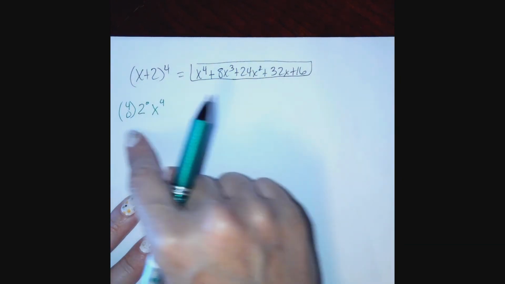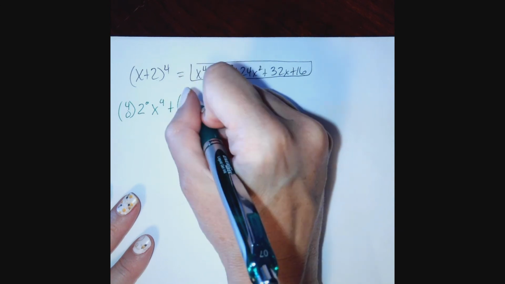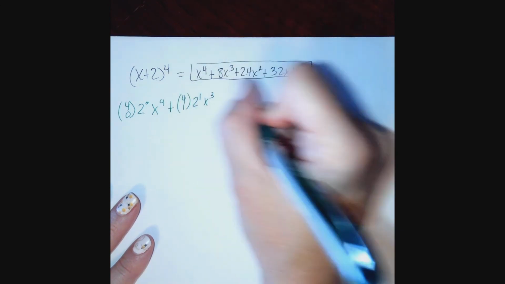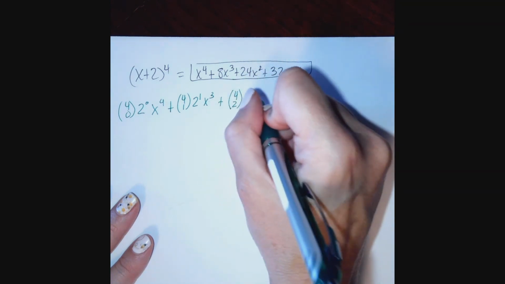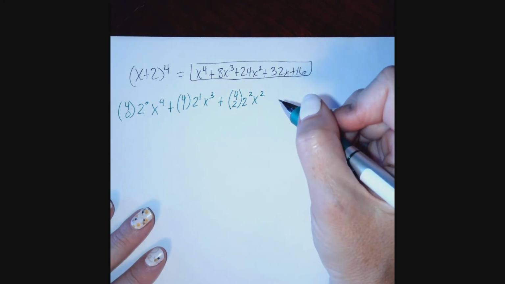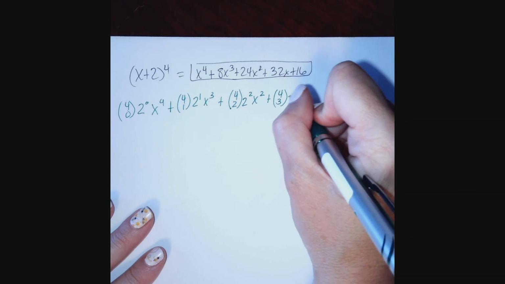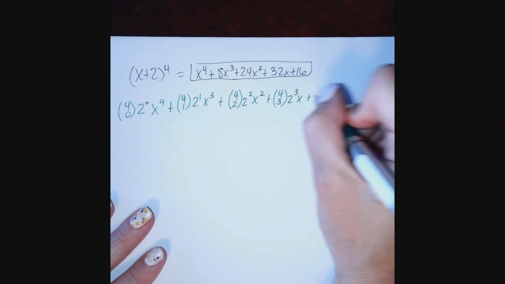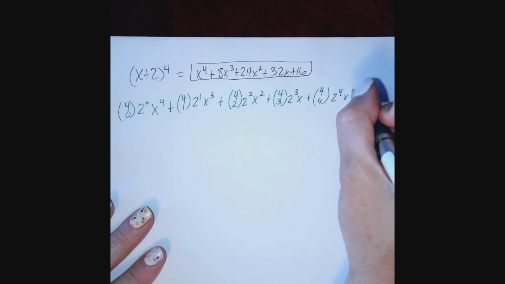This is your first term. Your second term is going to be 4 choose 1, 2 to the first, x cubed. Your third term is 4 choose 2, 2 squared, x squared. Your 1, 2, 3, fourth term is 4 choose 3, 2 cubed x, and your last term is 4 choose 4, 2 to the fourth, x to the 0.